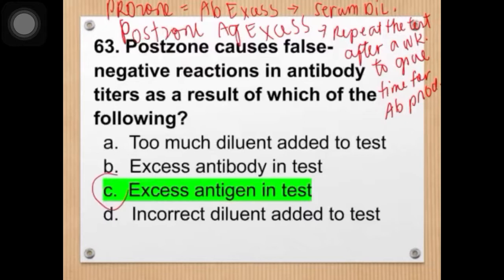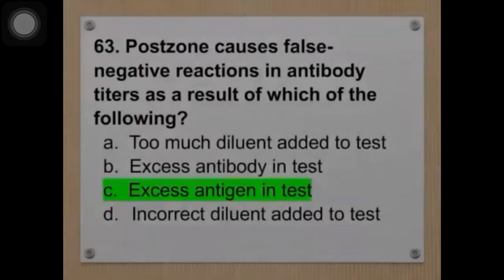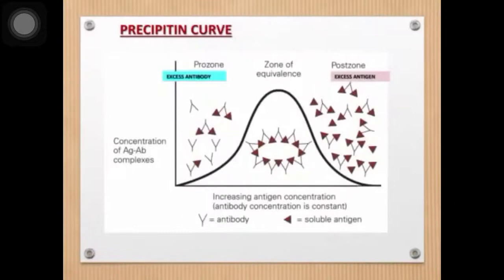Number 64, prozone is antibody exists, post-zone is antigen exists, parehas po silang false negative. Maximum precipitation occurs at which zone? Zone of equivalence.